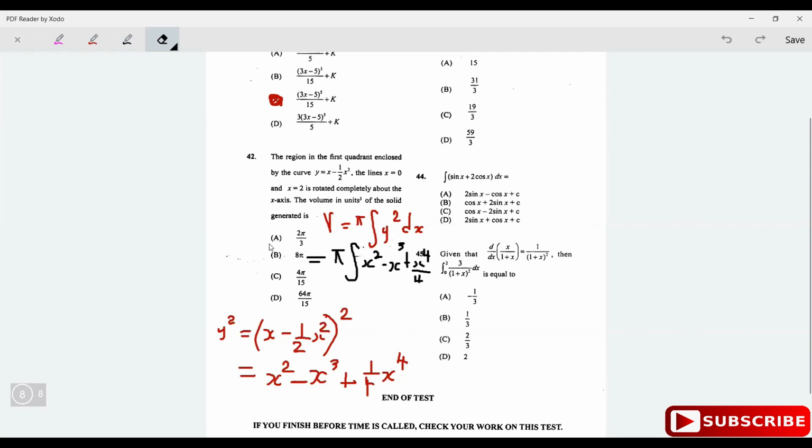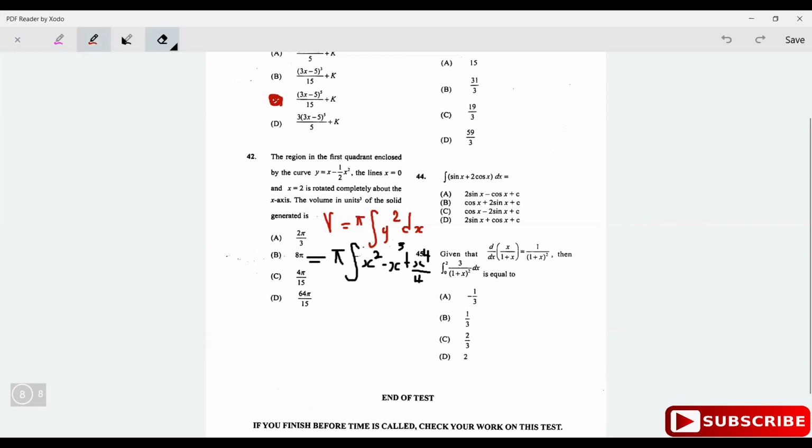All right, we already worked out what y squared was, so I'll erase this down by the bottom to make some more space.